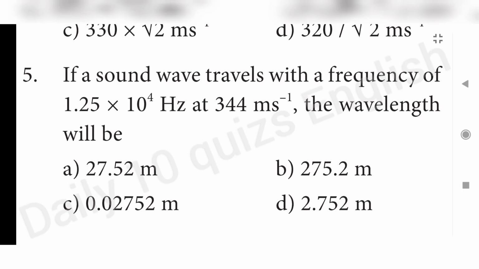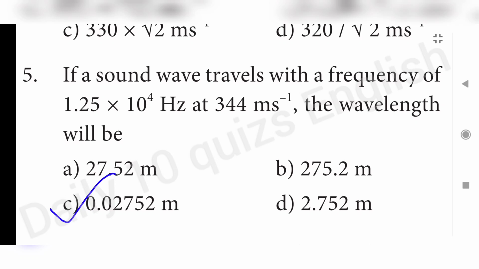Fifth one, if a sound wave travels with a frequency of 1.25 into 10 to the power of 4 Hz at 344 meter per second, the wavelength will be option C, 0.02752 meter, as velocity of sound is equal to frequency into wavelength.